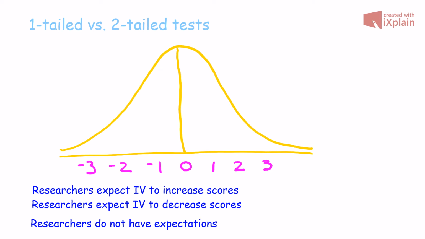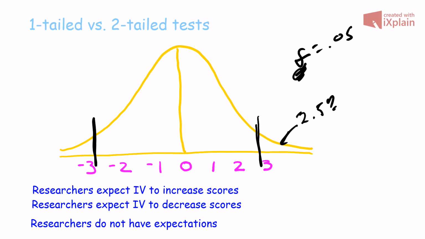And so in this case, we're going to have a critical region on the top side and a critical region on the bottom side. Now, what makes this different is we still might have an alpha value equal to 0.05. But what that means, because we have a two-tailed test, is 2.5% of the curve is in this region, and 2.5% of the curve is in this region.